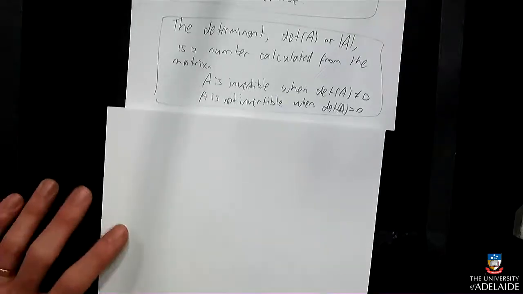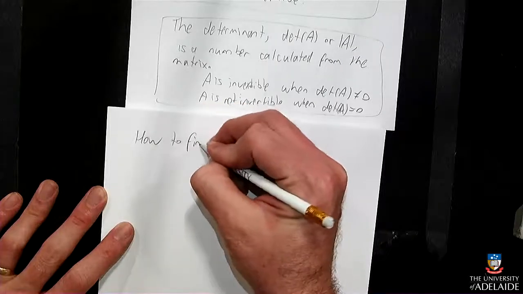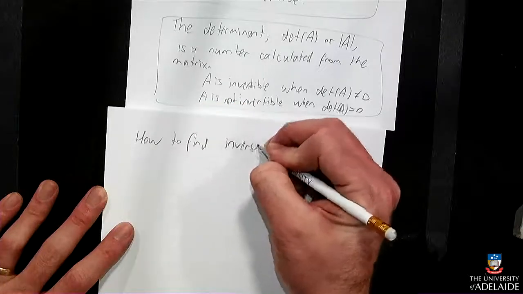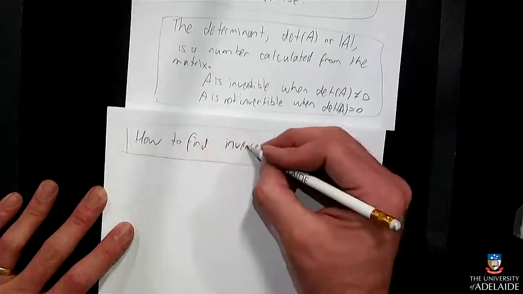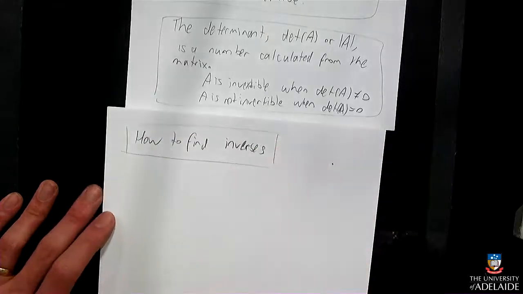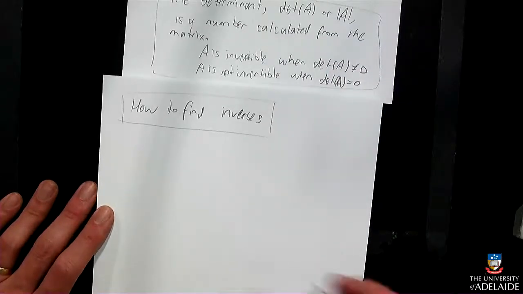So that's the big question, how to find inverses. Our first way is going to be using the adjugate.